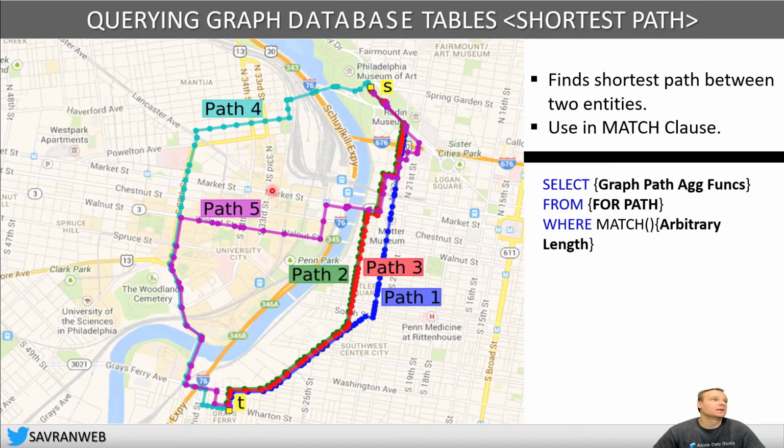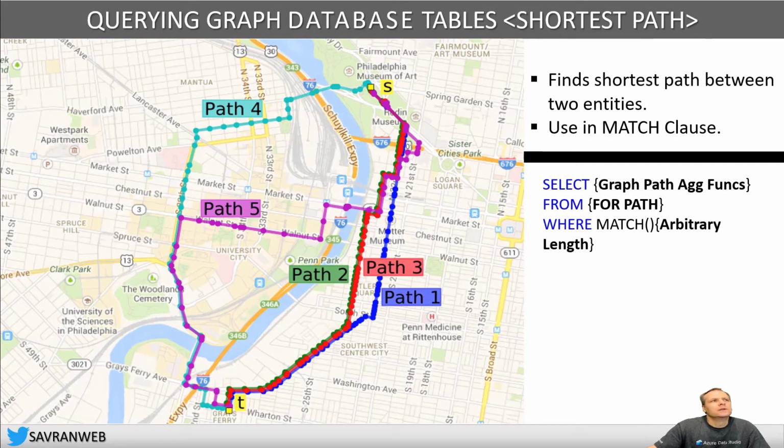And look at here, for example. Whenever you are writing the shortest path, as I said before, you must use all of those syntaxes. You need to use graph path aggregation functions. You cannot just say select this column, that column. Also, you need to tag which tables we are going to use for the path, for the graph search.